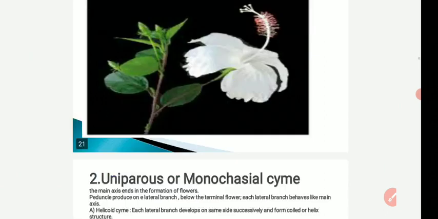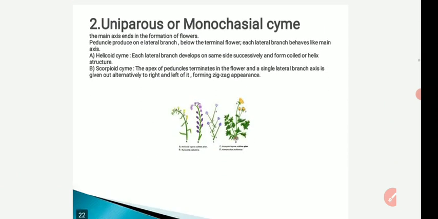Now the second type of cyme inflorescence is uniparous, or we can say monochasial cyme. This is the same as the uniparous type of branching. This may be scorpioid or helicoid.